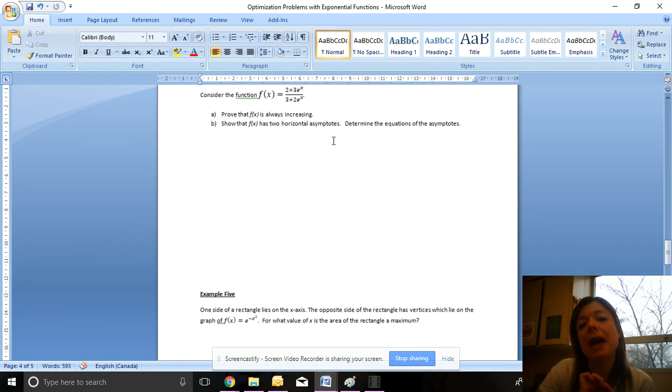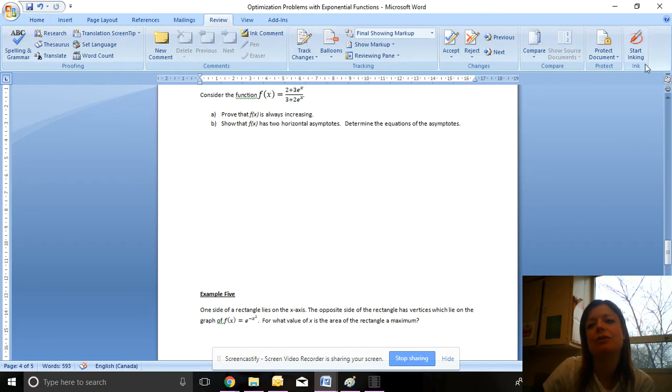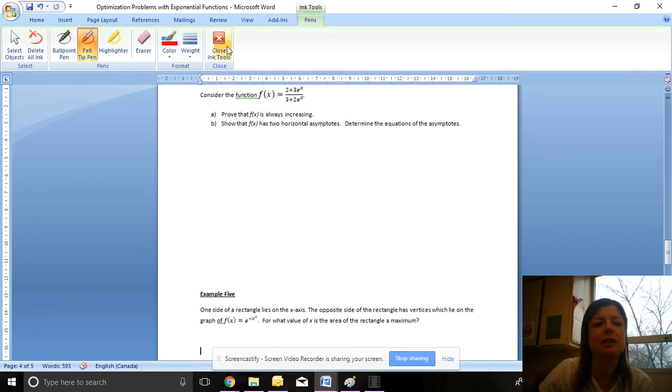We're going to do that by showing that the derivative is always positive. Then show that f of x has two horizontal asymptotes and determine their equations. We are going to do that by looking at the limits of the end behavior. So we're using calculus concepts in both of these cases to answer these questions.